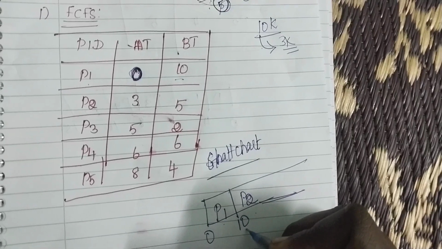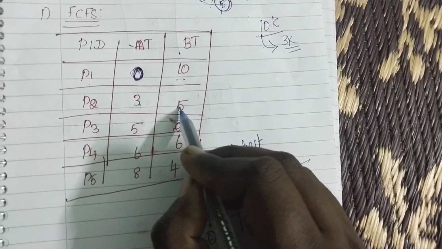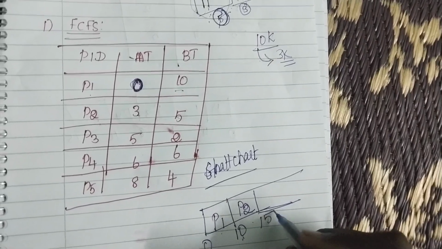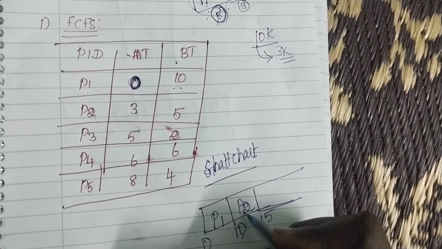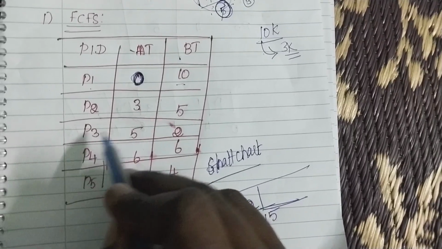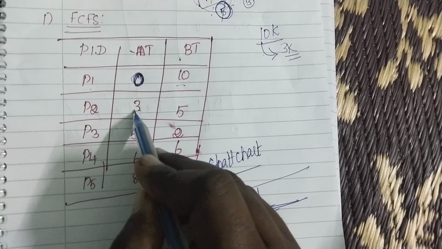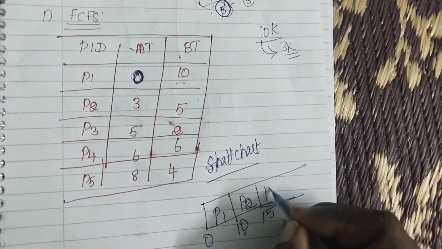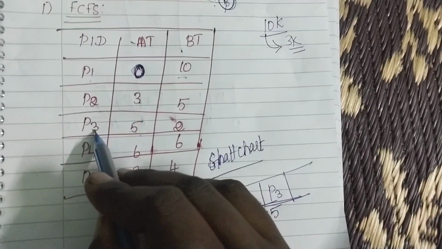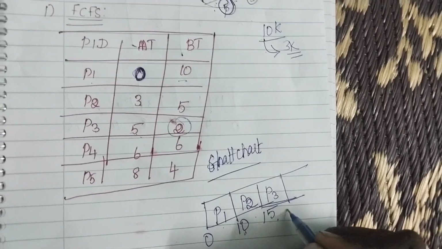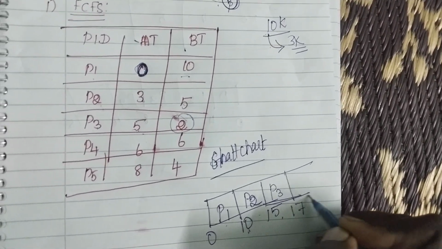Already we have completed 10 milliseconds. P2 needs to execute 5 milliseconds. So 10 plus 5 is 15. At the time of 15, P2 is completed. Then the next one is P3, arrival value 5, and it needs to execute 2 milliseconds. Already we have completed 15, so it reaches 17.